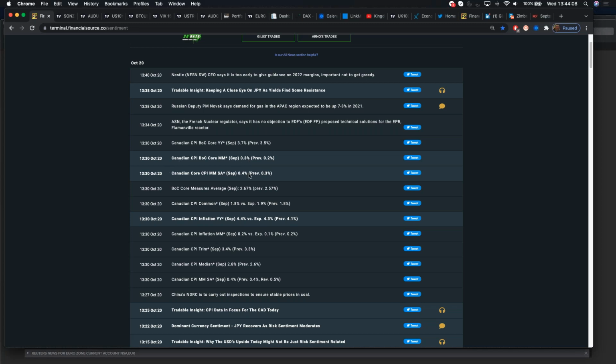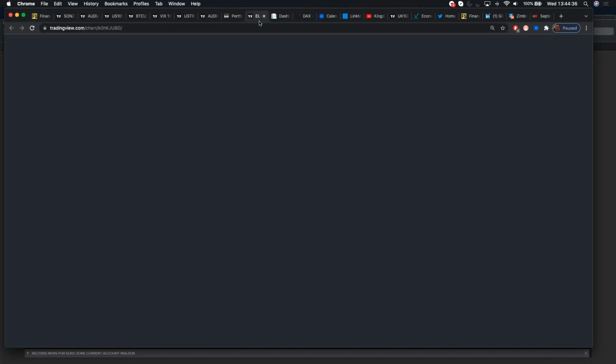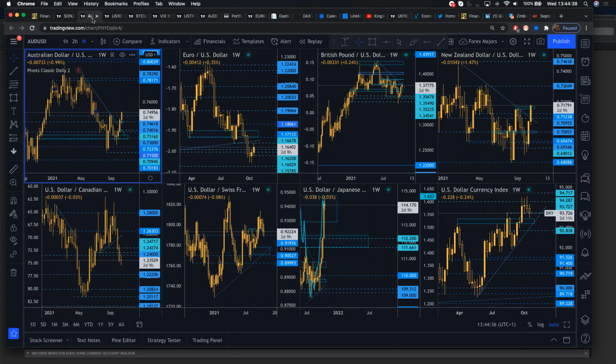So all of Canada's readings are slightly higher, year-on-year core higher as well. Now that is supportive of CAD. So that should result in something like CAD upside when you have inflation moving higher, because this will start to raise expectations that we're going to see the Bank of Canada maybe become more aggressive on their interest rate schedules.